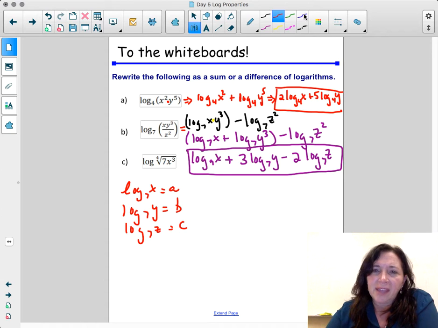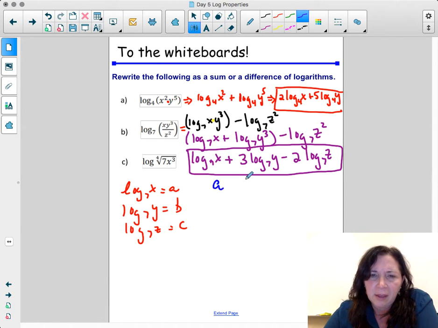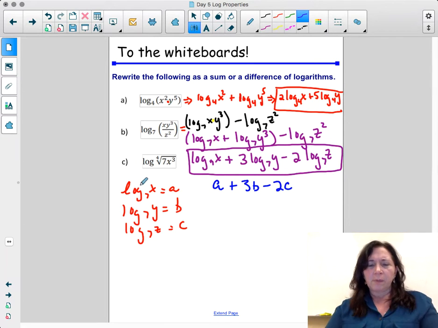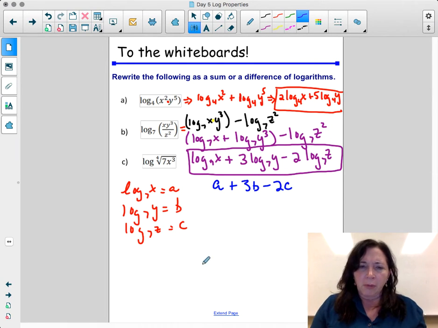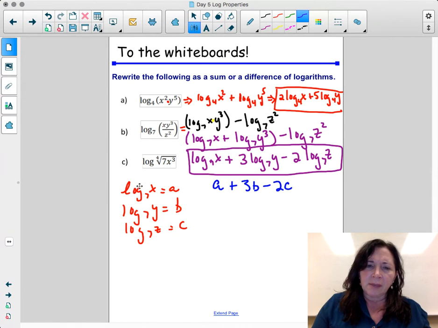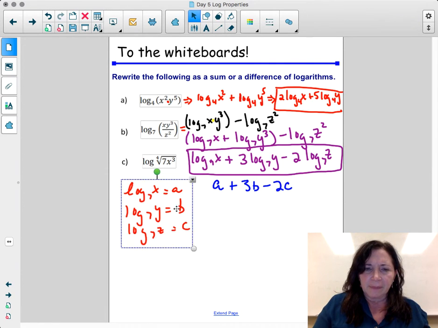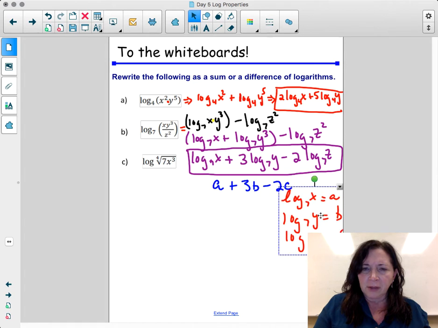So if that was the case, I would have a, plus, if log base 7 of y is b, this would be 3b, minus, if log base 7 of z is c, then that would be 2c. Of course, I changed the problem. I'm just saying if you end up getting this kind of thing, you can always plug values in and substitute that like that. Okay, so I'll move this over to the right a little bit.